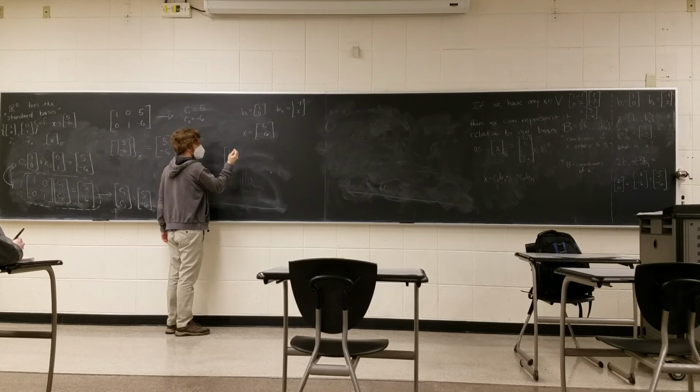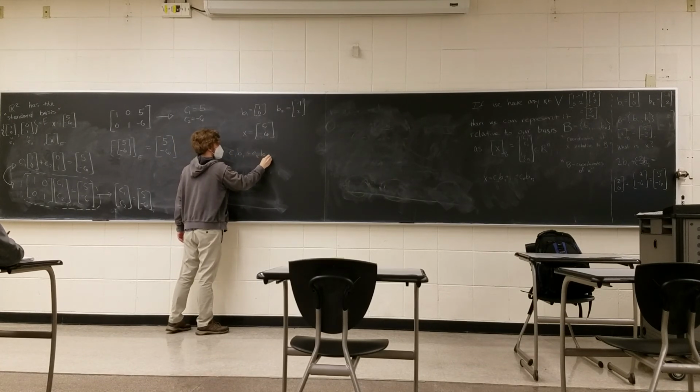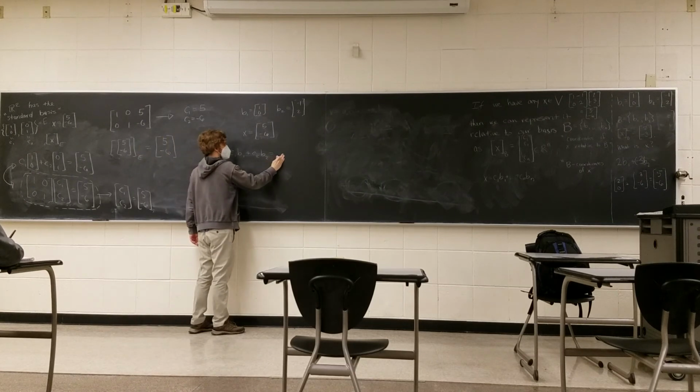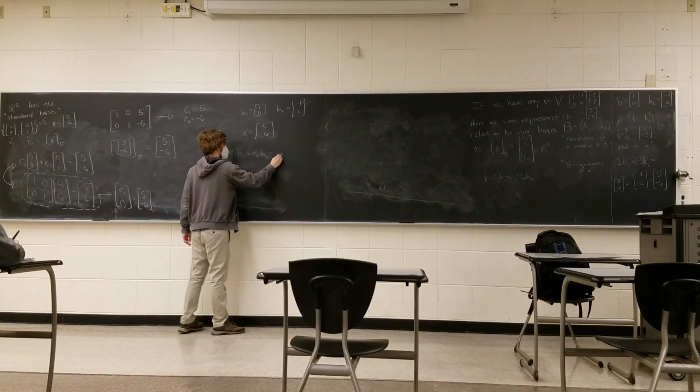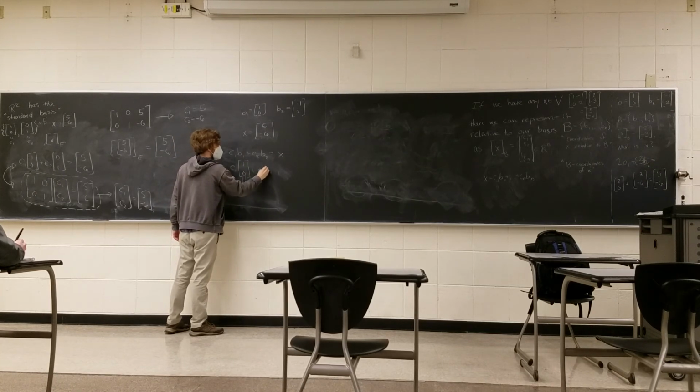(1, 0). If I form, let me be very clear about what I'm trying to get. C1 B1 plus C2 B2 equals x. Maybe I should actually write it out. C1 times (1, 0) plus C2 times (-1, 2) equals (5, -6).